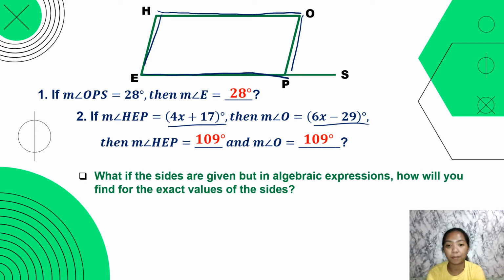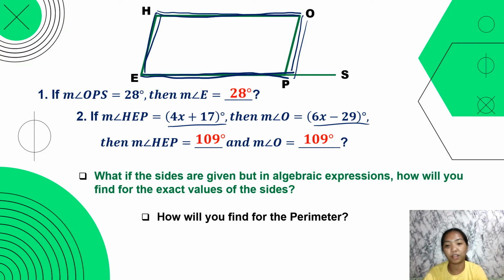Still, we will apply the algebraic way of solving. We will just equate this one. Remember that side HE is equal to side OP, and side HO is equal to side EP. So we will just equate the two expressions.